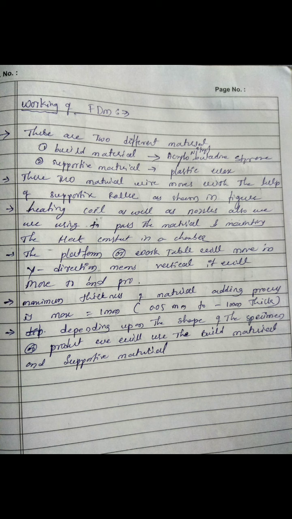We use one more technique. After producing the component with the help of the supportive as well as the build material, we take that product and dip it into HCl, hydrochloric acid.